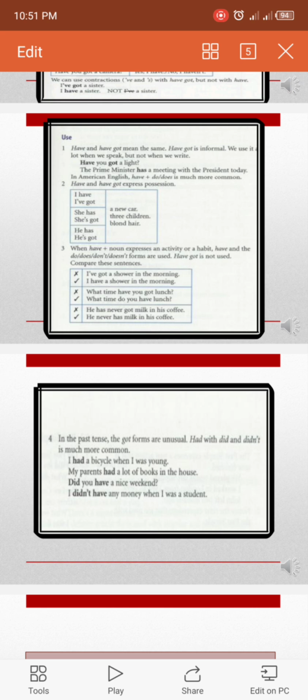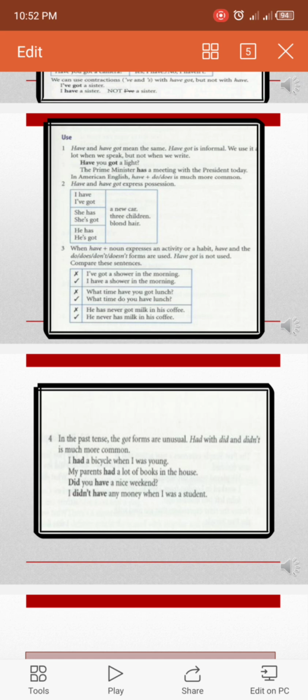She has a new car. She has 3 children. She has blonde hair. She's got a new car. She's got 3 children. She's got blonde hair.